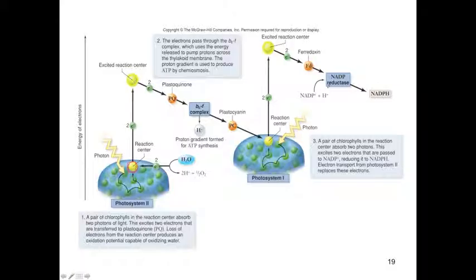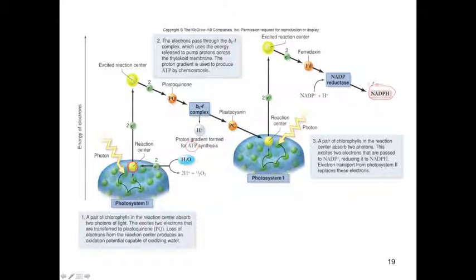Here, NADP is the final electron acceptor. NADP plus binds with 2 hydrogen ions and 2 electrons, just like any of the other vehicles for electron transport, and becomes NADPH. So in this system, we've generated some ATP and we've generated some NADPH.